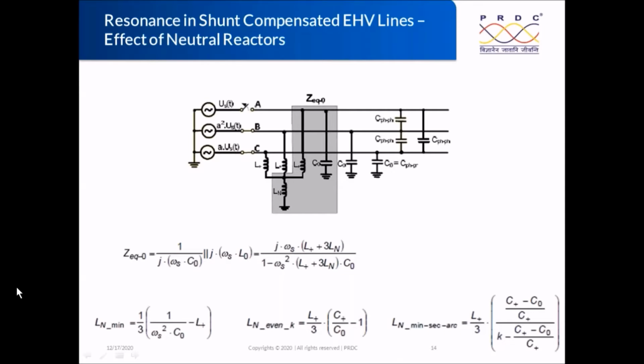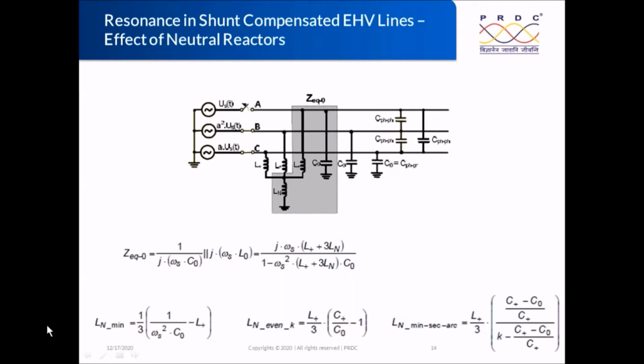Once you trip from both ends, the current is reduced, because there is no strong source feeding that fault current; from both ends the breakers, the particular poles, are open. That current will be small, based on the recovery voltage induced on this phase conductor, and generally will be in terms of 100 amperes, 200 amperes.